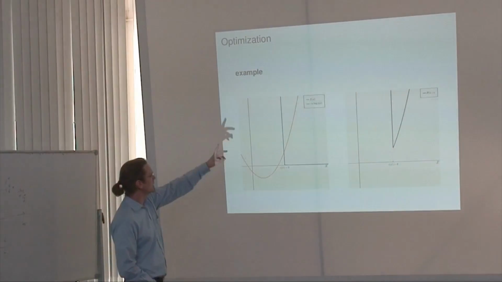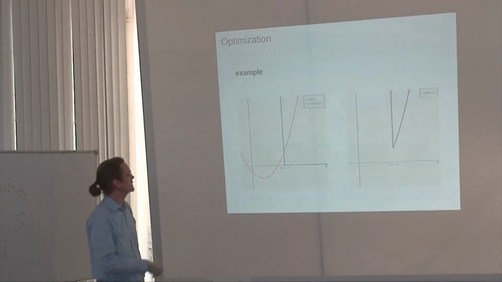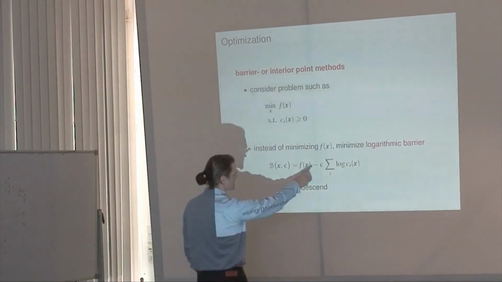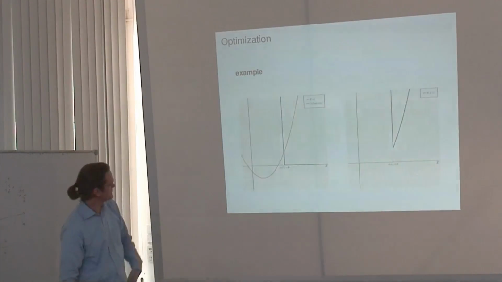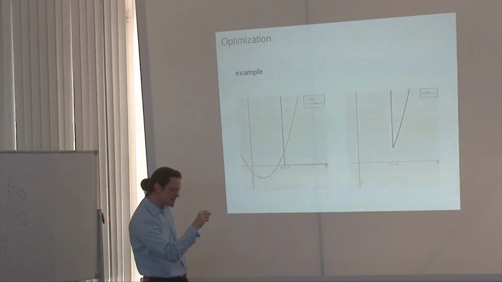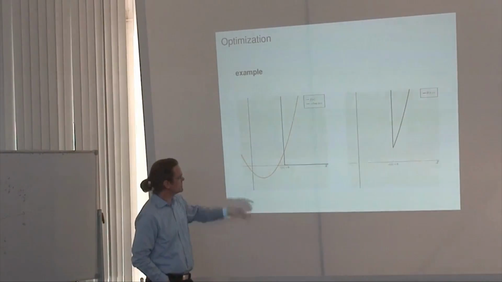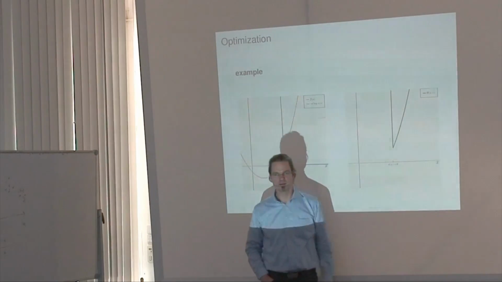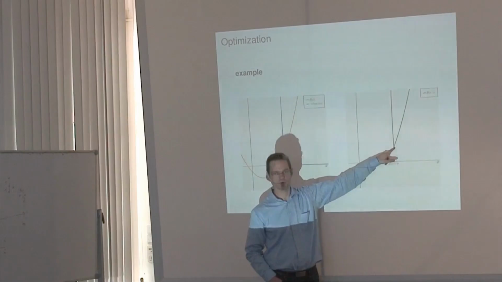Now, the orange line is the plot of the function we want to minimize. The blue line is a so-called logarithmic barrier. It's basically minus some small number times the log of that constraint function, and that looks like this. There is basically nothing going on here, and then very, very close to the constraint, whoosh, it shoots up to infinity. Now, if we compute the barrier function, it looks like this. And now we guess a point somewhere over here, follow the gradients, and eventually we reach this point.